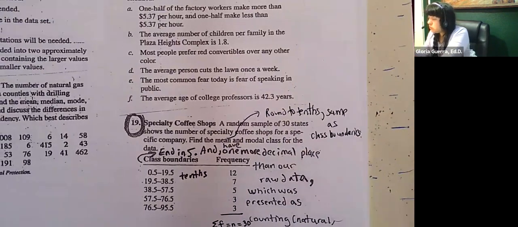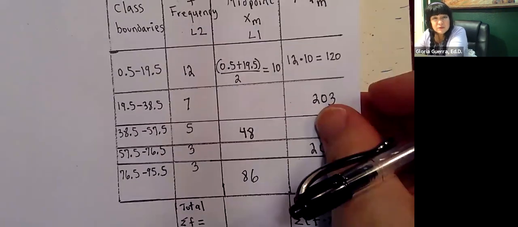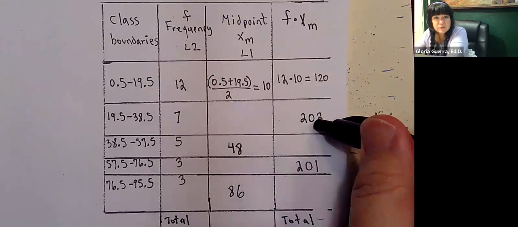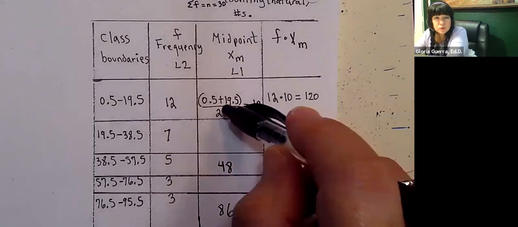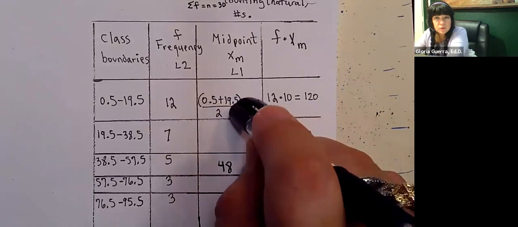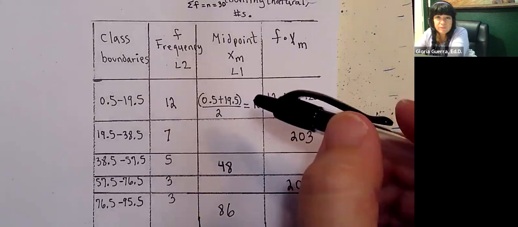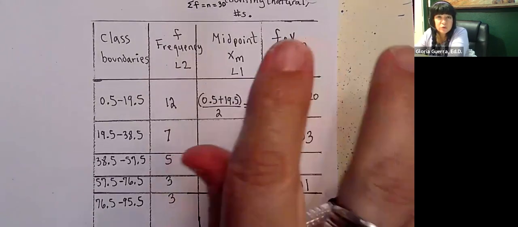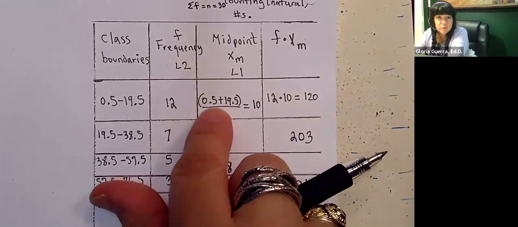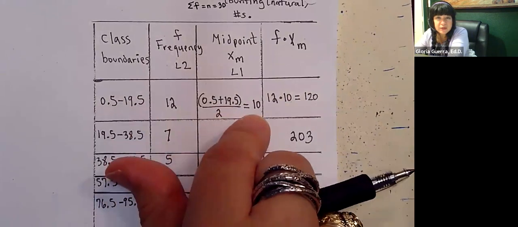Okay, so if you look at this chart that we've created, on a test you would have some of these filled in, to save some time. On the first one that you complete, you have to show your work. So here I'm showing you as an example. They took 0.5 plus 19.5 in parentheses divided by 2, and that gave them 10.